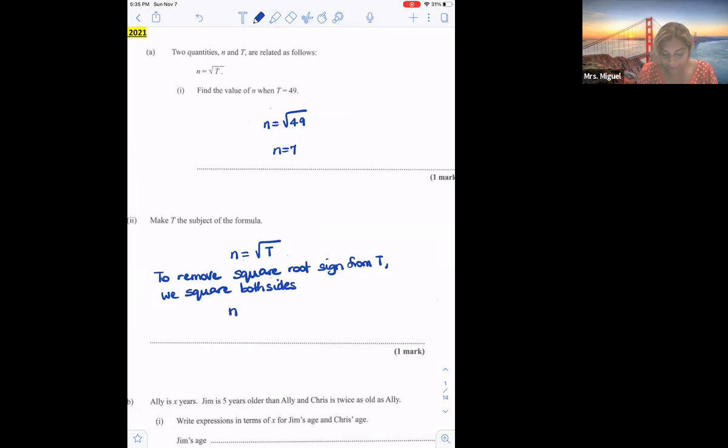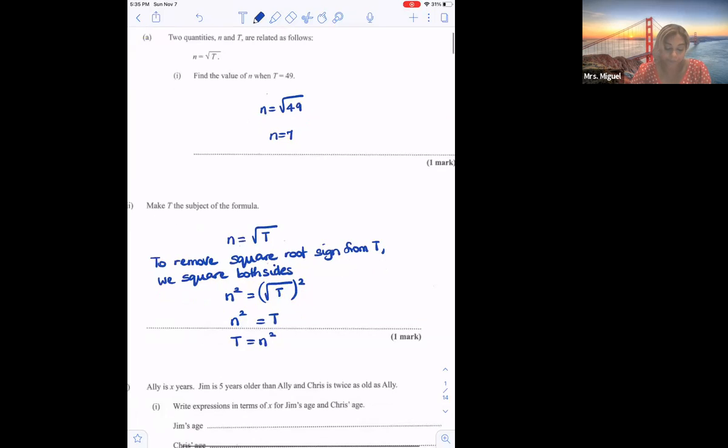So here we get n squared is equal to the square root of t, squared. So n squared is equal to t. Here I have removed the square root sign from t and I could write t is equal to n squared. So that is 1 mark as well. So in this question, that wasn't too difficult for us to do. We could have been able to obtain those 2 marks, right?